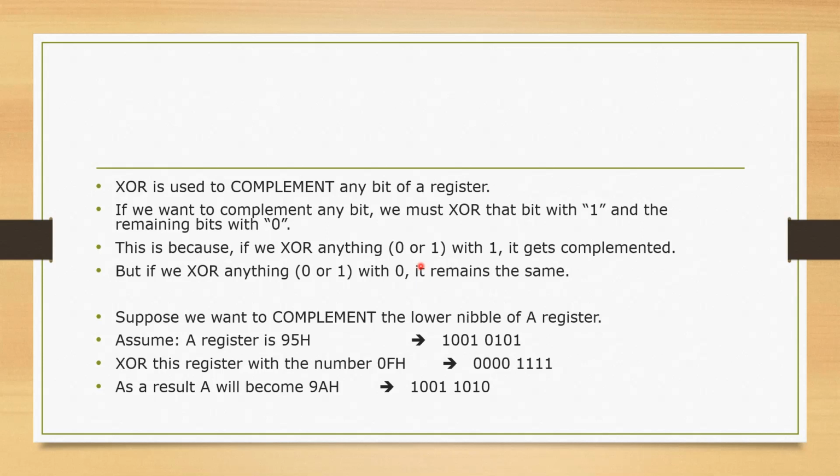So XOR the register with the number 0F. As a result, the higher nibble 9 remains the same and the lower nibble is complemented. So 0101 becomes 1010, and you get the answer 9A in the A register.